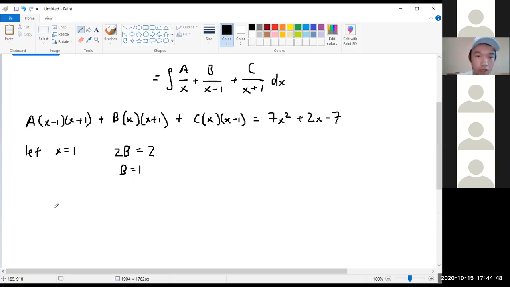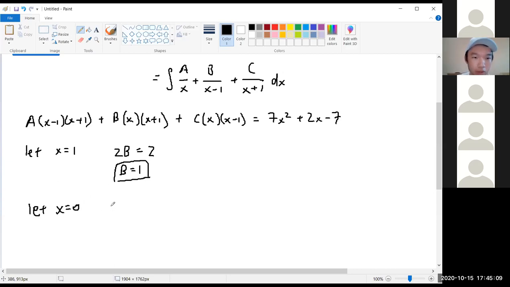Okay, and then what's another good value of x we can use? 0, yeah. So let x equals 0. That will cancel out everything except for the first term, right?